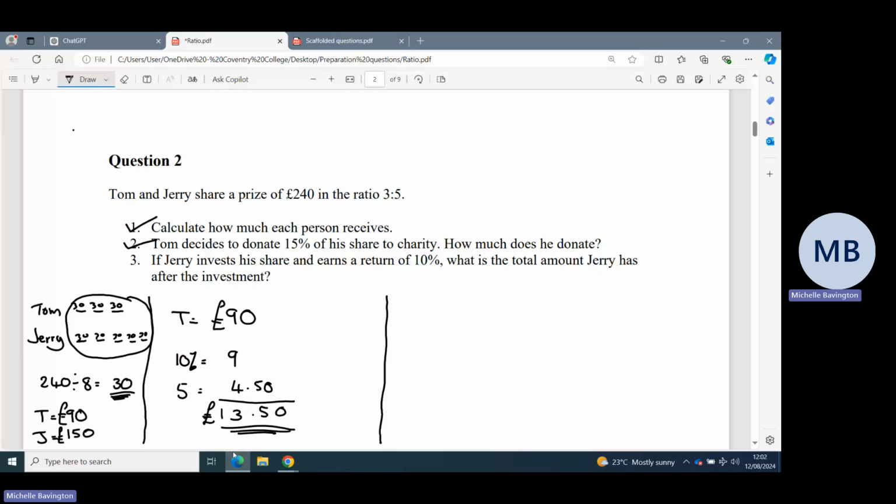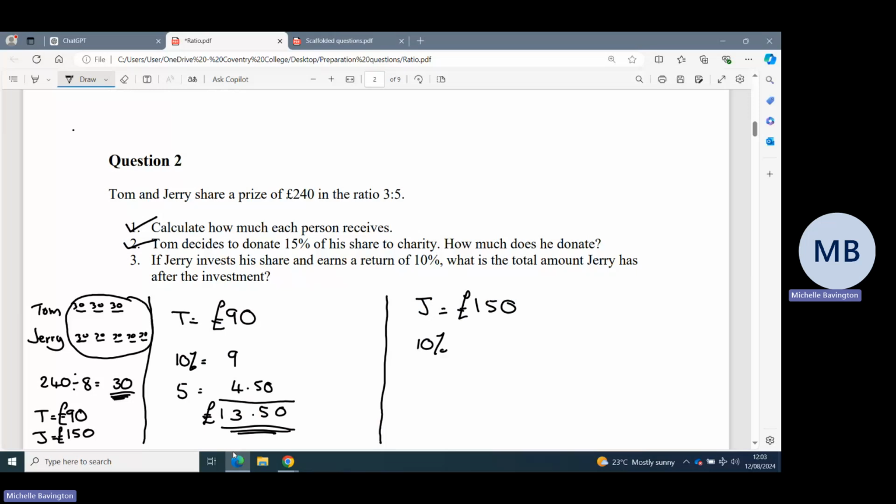Right. If Jerry invests his share and earns a return of 10%, what is the total amount Jerry has after his investment? So Jerry has £150, and gets a return of 10%.